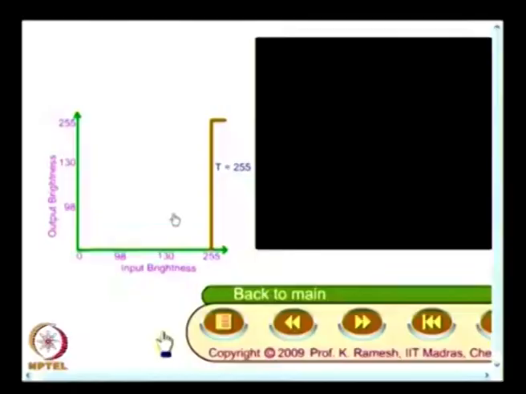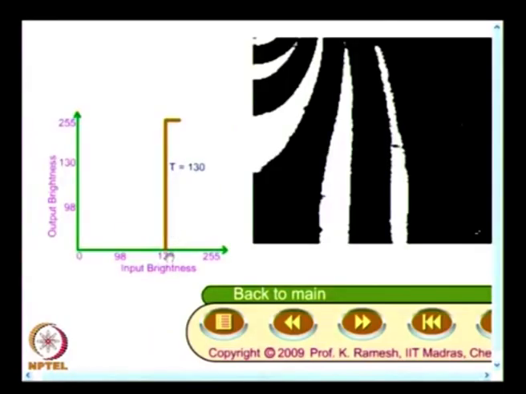I will apply the thresholding with a different threshold. I put the threshold now as 130. Any gray level value below 130 I make black, and any gray level value above 130 I make white.